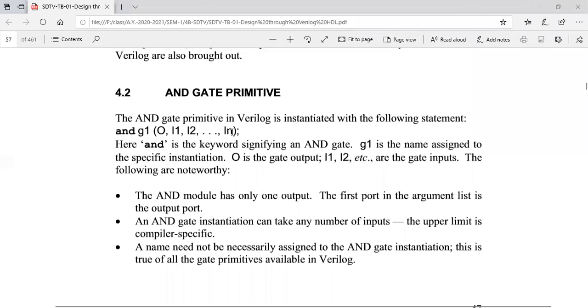If it is starting at I0, we will give up to I31 only. That means the total number of inputs will be only 32. How do you decide that 32 is the highest number of inputs? That depends upon the compiler. If it is 64 bit, we can give 64 input bits, right?